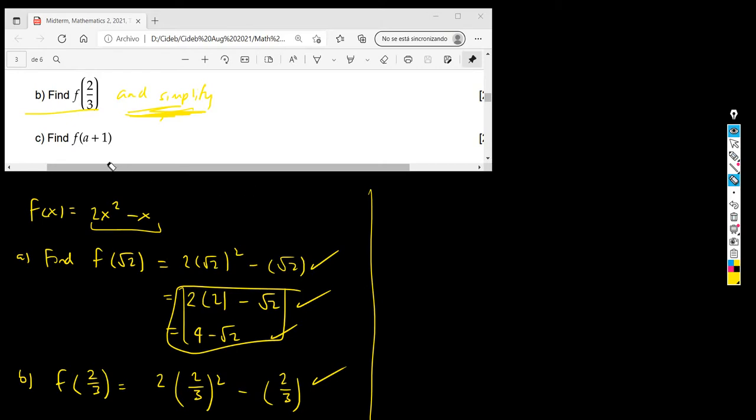Find f of a plus 1. F of a plus 1, same idea. Really, guys, these three things are exactly the same. That's it.